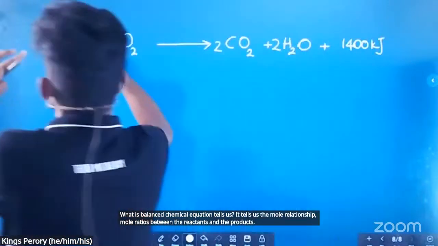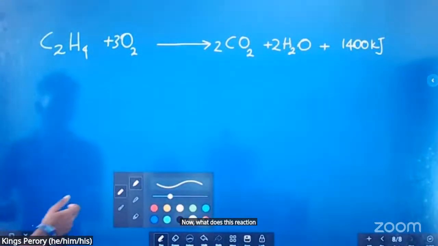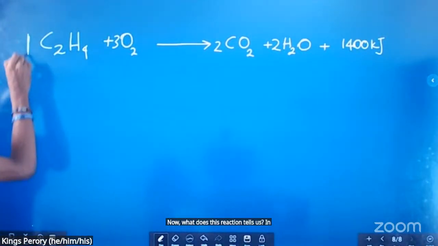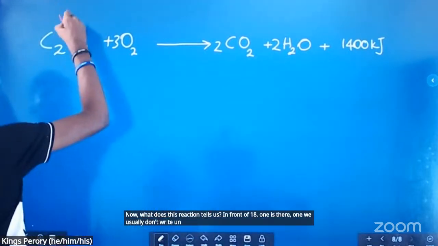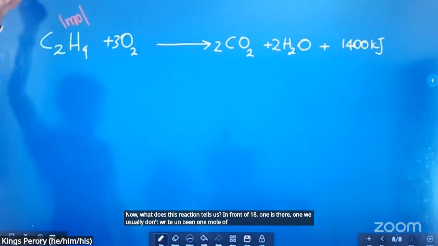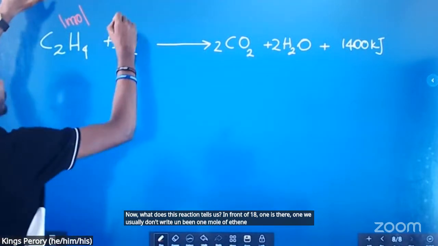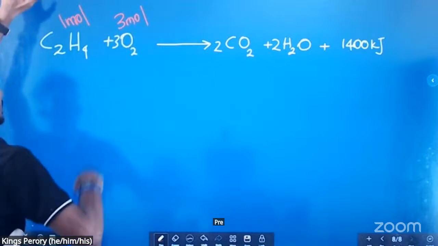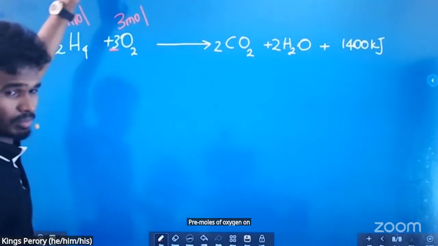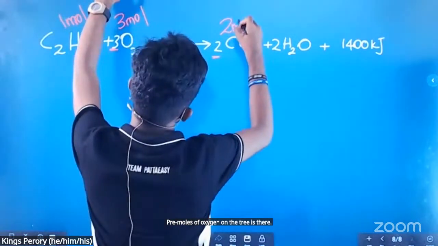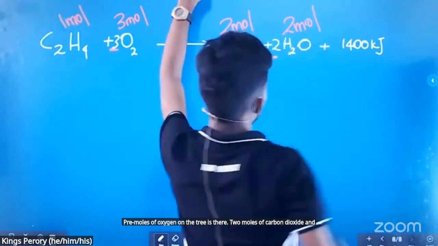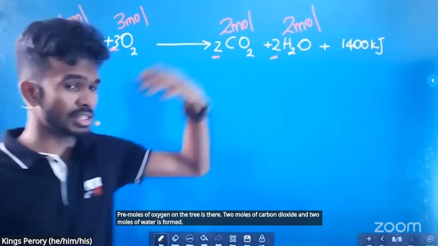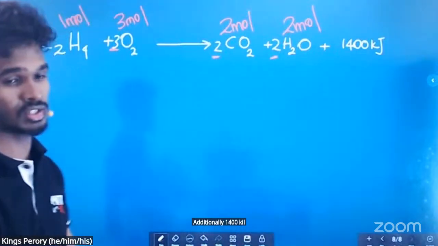Now, what does this reaction tell us? In front of ethene, 1 is there, which we usually don't write. When 1 mole of ethene is combusted with 3 moles of oxygen, 2 moles of carbon dioxide and 2 moles of water are formed. Additionally, 1400 kilojoules of energy is released.